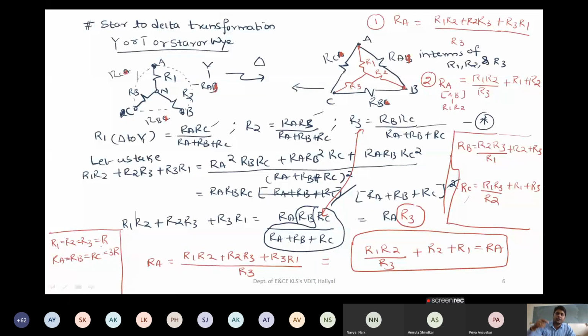There you can make a note of star to delta or delta to star equivalent values. You can note down the formulas, whatever you remember. If that question appears, you can refer there directly and write it. It is not an issue. This is how you can use some tactics in the examinations, instead of spending time on other things.